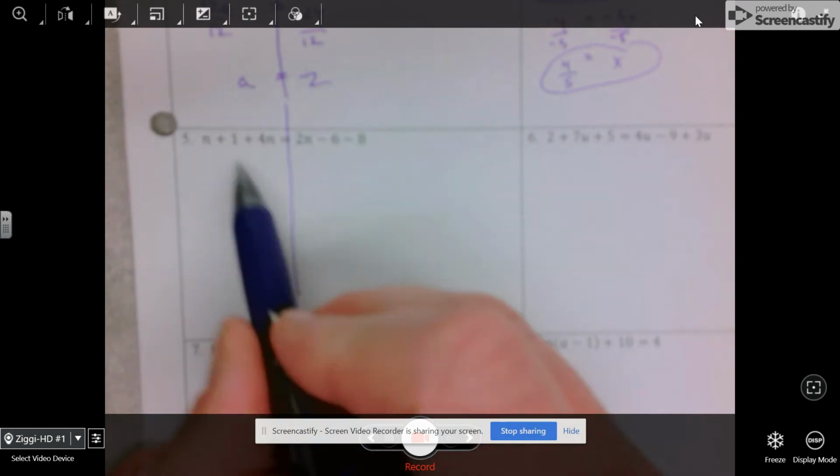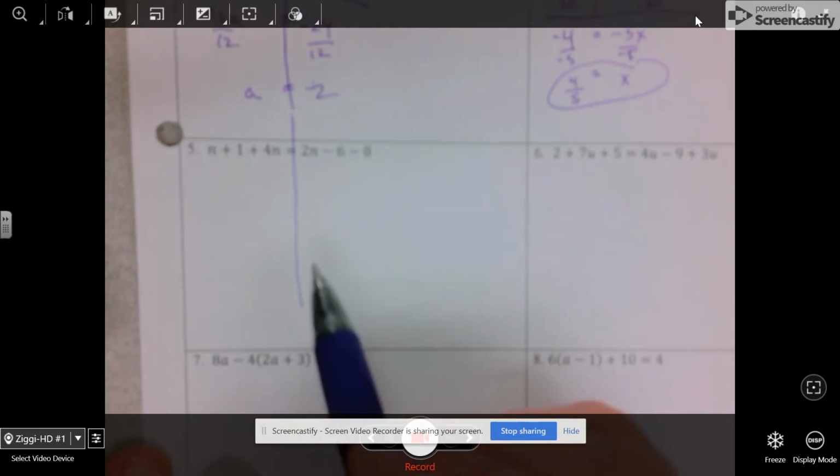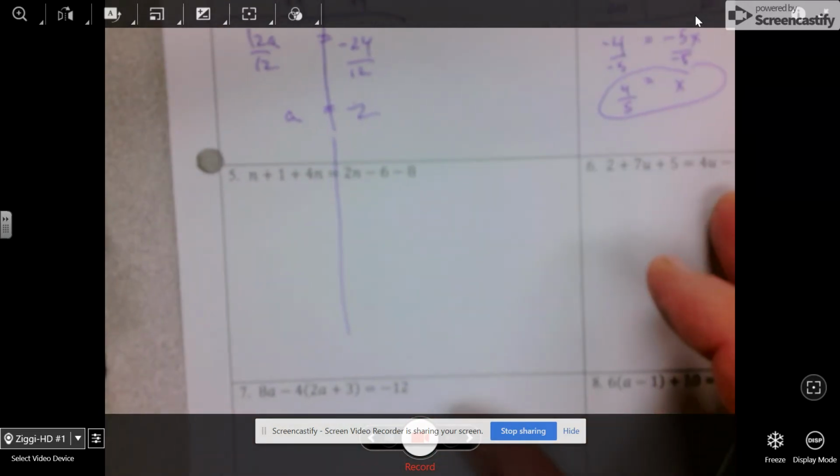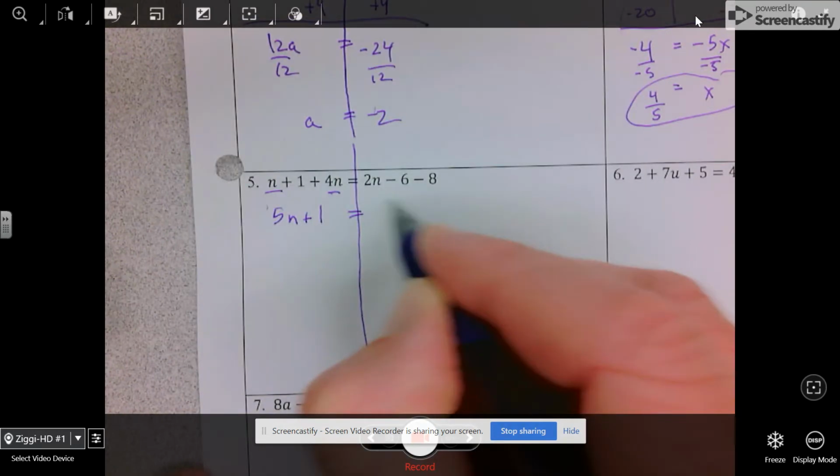I want to look at getting my variables together. Ultimately I want the variables on one side of the equation, but before I can do that, I need to combine some like terms. So over here I have a couple n's. 1n plus 4n is 5n, so I'm going to rewrite this. And over here I can combine my numbers. Negative 6 and negative 8 is negative 14, so I have 2n minus 14.